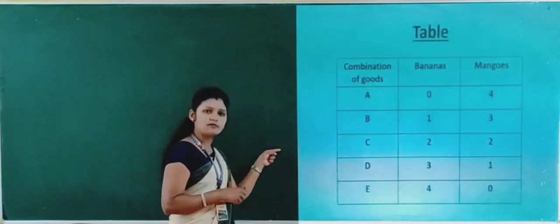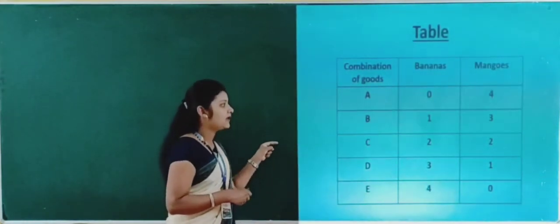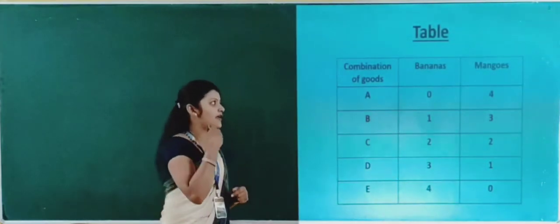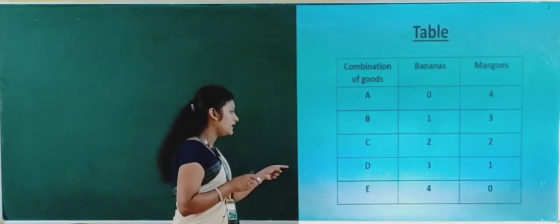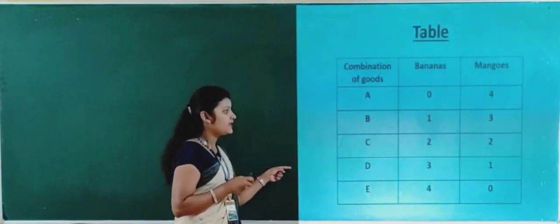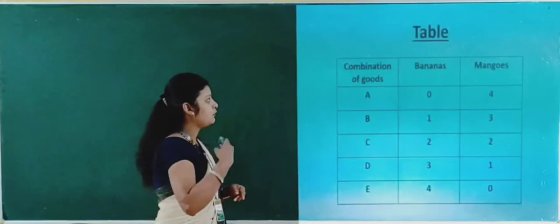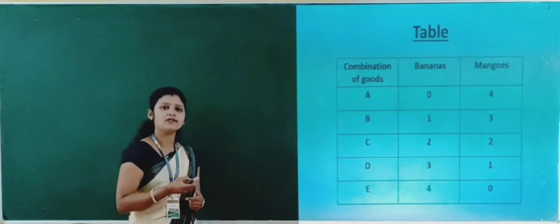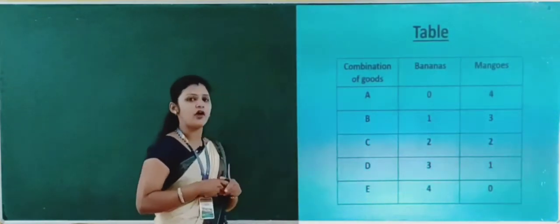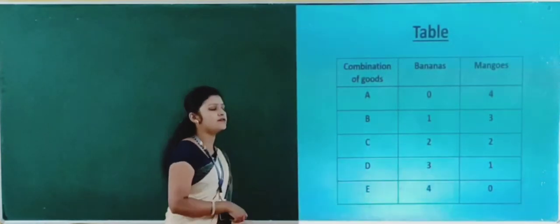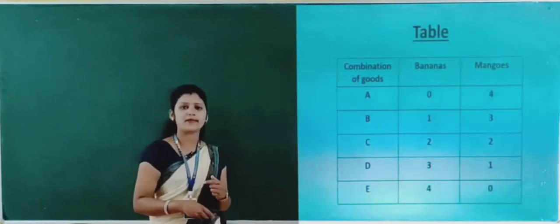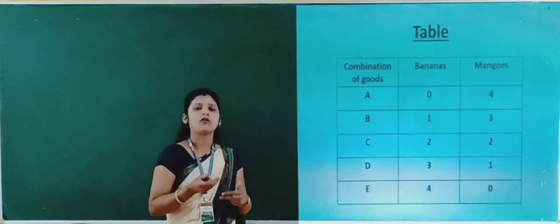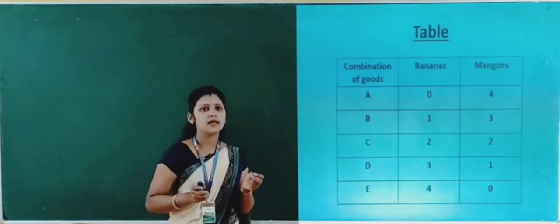Option C gives 2 units of bananas and 2 units of mangoes, and combination D is 3 units of bananas and 1 unit of mango. Combination E is 4 units of bananas and no unit of mangoes. These are the options available to a consumer out of his budget, that is rupees 20.